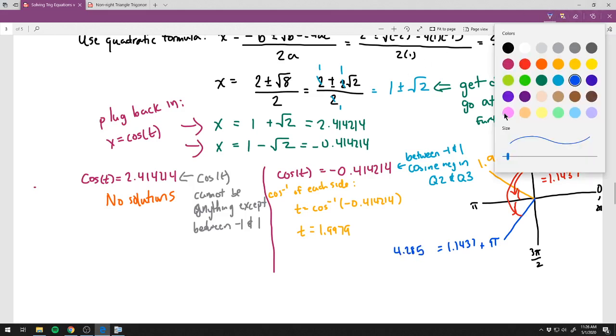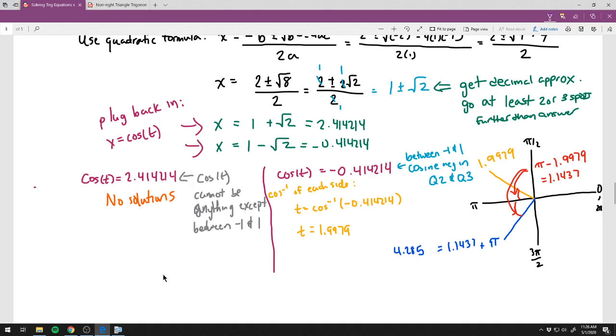Right, so we do have 2 answers here. You don't want to write no solutions or DNE for this, because these are the only 2 answers. We got 1.998, or 1.9979 if you want to leave it rounded to 4 spots, and 4.285.